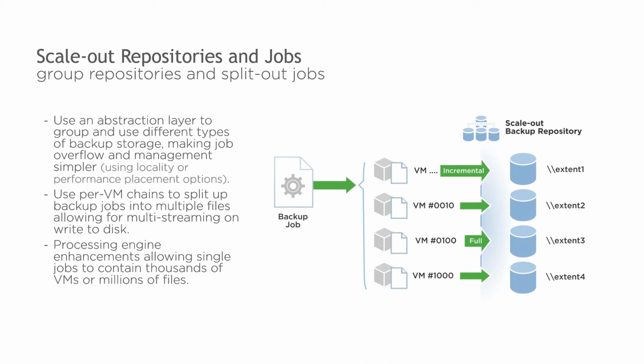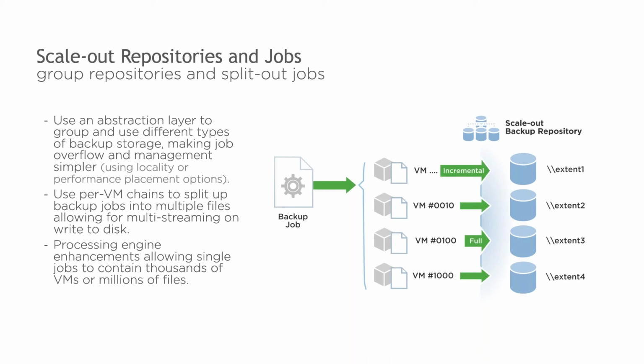Now what we can do is a scale-out backup repository is effectively a repository of repositories. So you can create one scale-out backup repository and just add different storage from different locations into this scale-out backup repository. You can then define where jobs go based on policy.